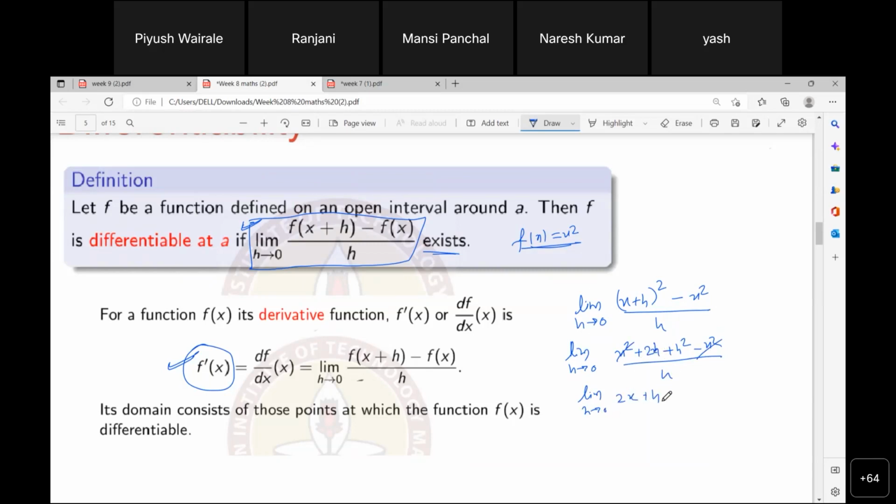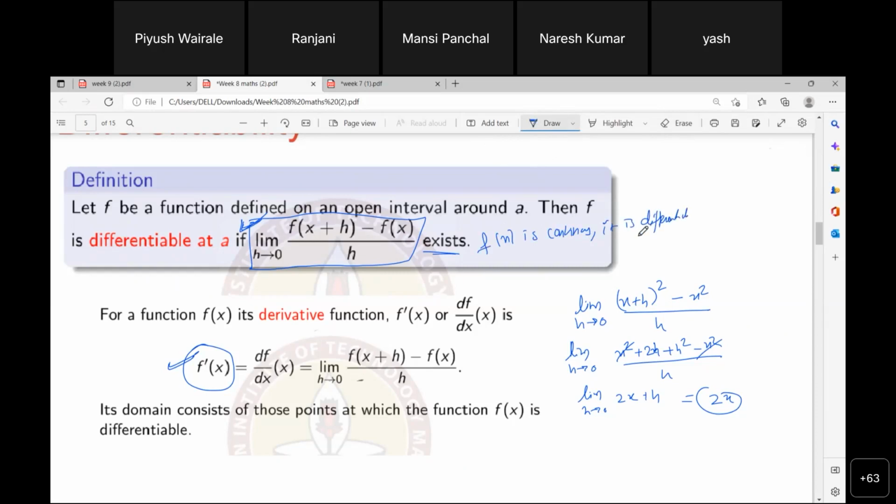So simply put h equals to 0, so I will get 2x. Derivative of x square is 2x, right? So by this definition, you can find out the standard derivatives also, right? So simply remember this thing. Now, one important part is that if the function is continuous, if f of x is continuous, can I say it is differentiable also?